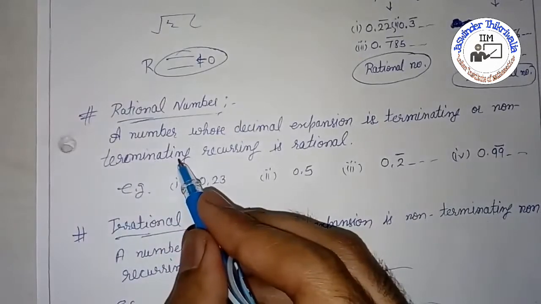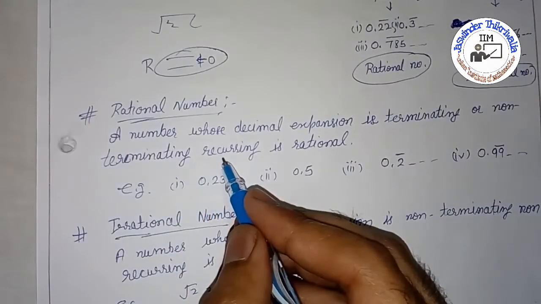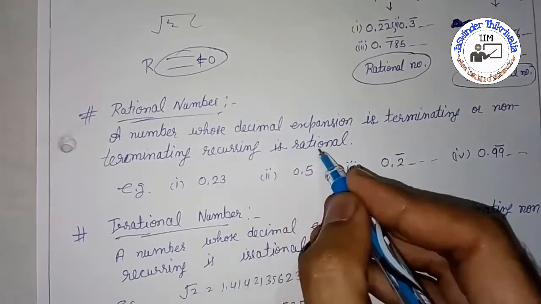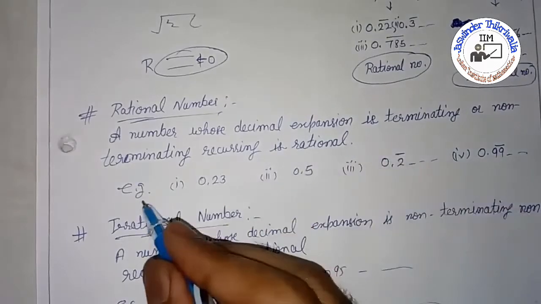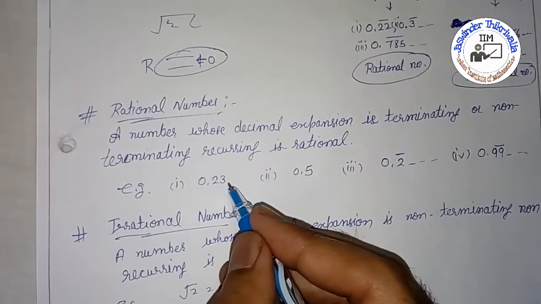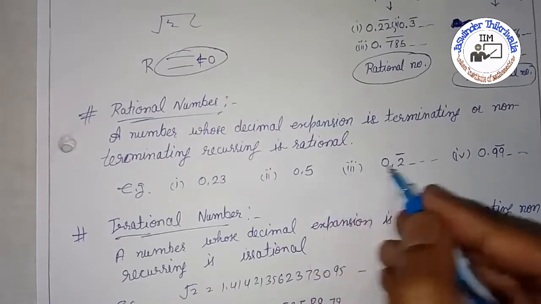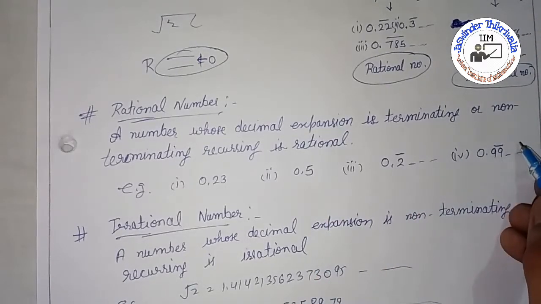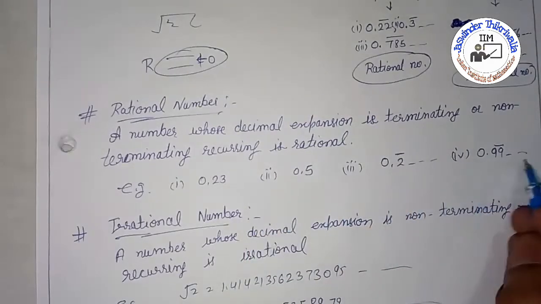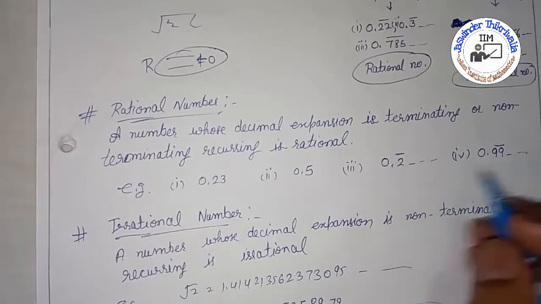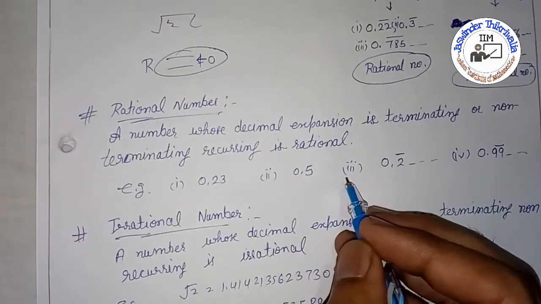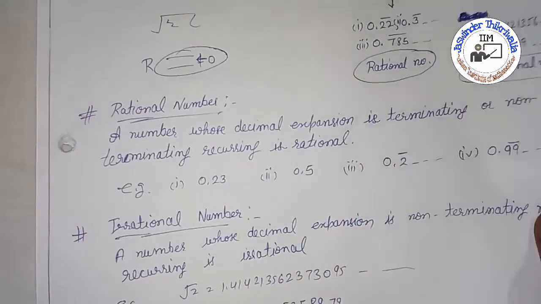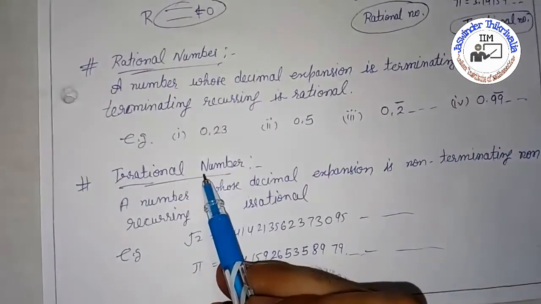That number is known as a rational number. Examples given here are 0.23, 0.5, 0.2 with a bar, 0.99 with a bar. These decimal expansions are of rational numbers.